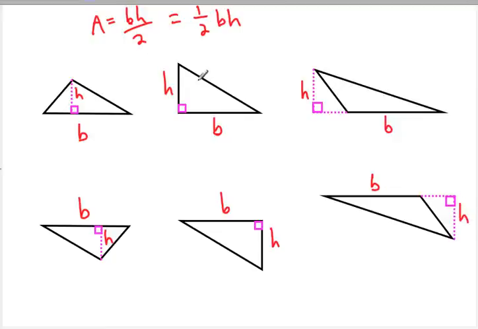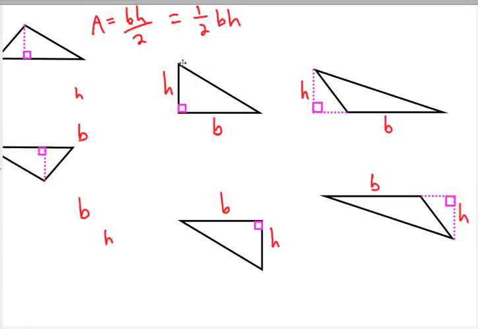Now, with a right triangle, either one of these sides that come off the 90-degree angle could be the base or the height. Let me show you an example of that. Let's say the height in this case was 4, and the base in this case is 6.